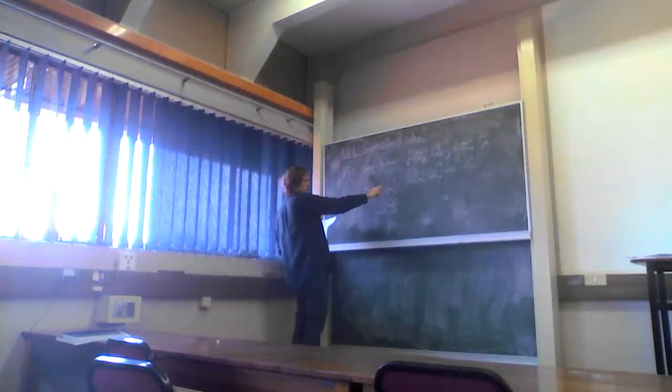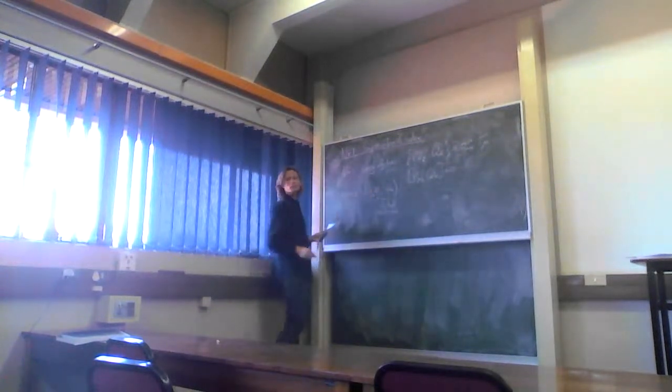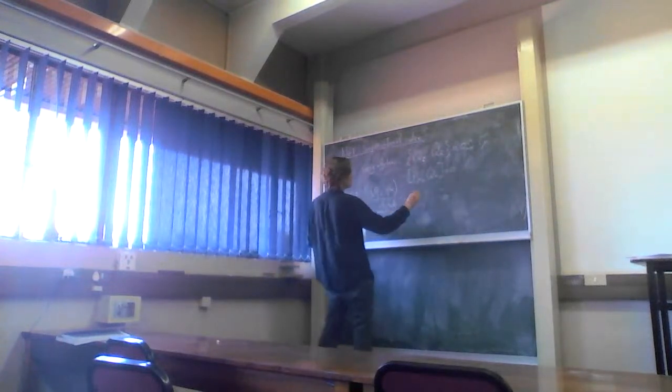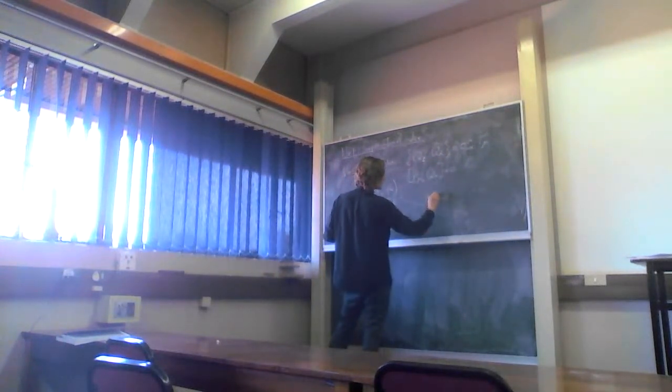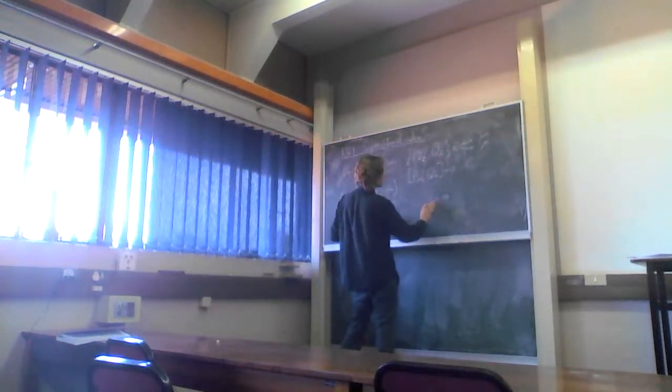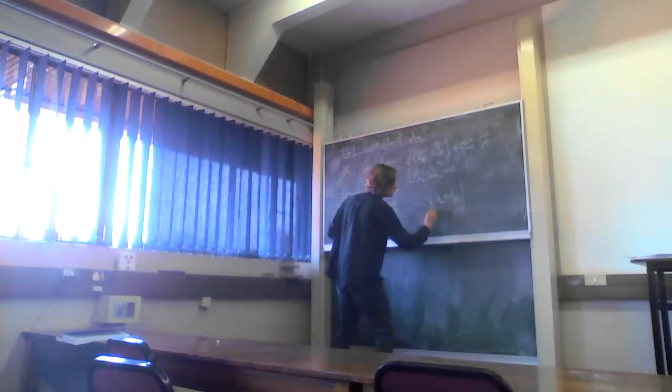So this is a fermion, of course, this is a boson, and these are exchanged under the supersymmetry transformation. And we also have a vector multiplet, which contains a vector, and also a Weyl fermion, the gaugino. This is called the vector multiplet.